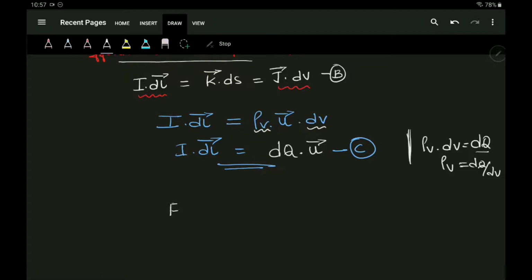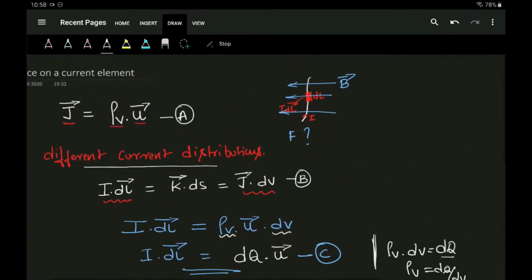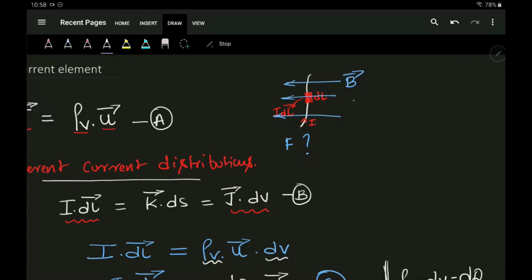The magnetic force was given by Q times the velocity cross the magnetic flux density vector, B. This was the actual force, but here, since I have taken a small incremental line element, the force experienced should be an incremental or differential force, dF, a small force.